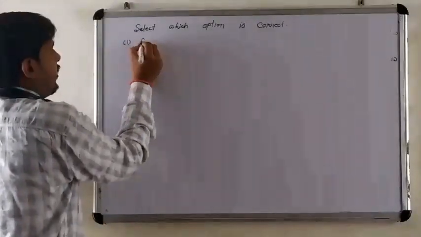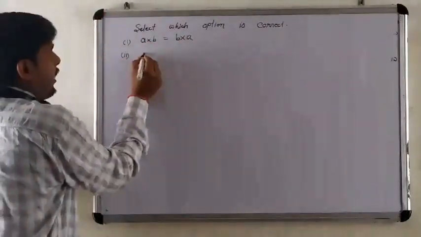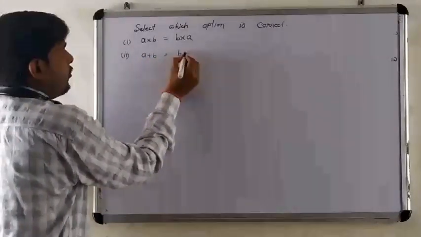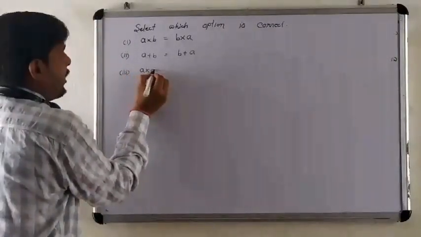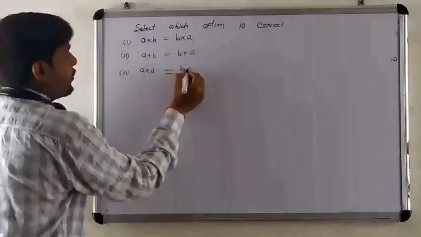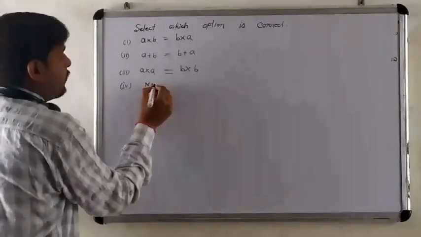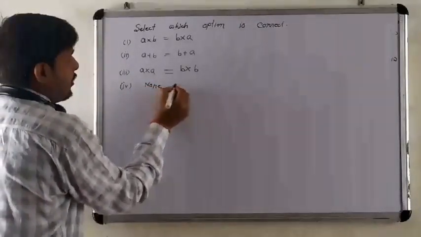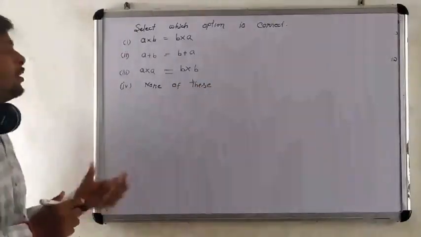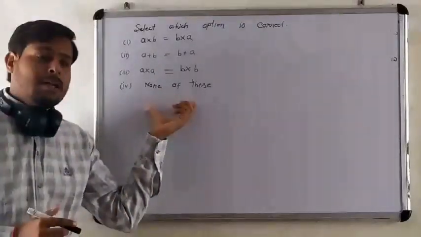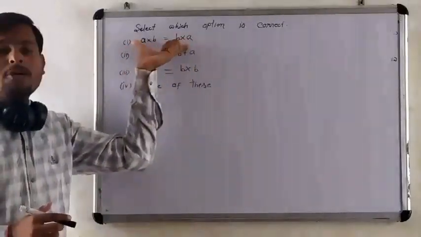First, a into b is equal to b into a. Second, a plus b is equal to b plus a. Third, a into a is equal to b into b. Fourth, none of these. Earlier we have studied the product of two integers is independent of their order.